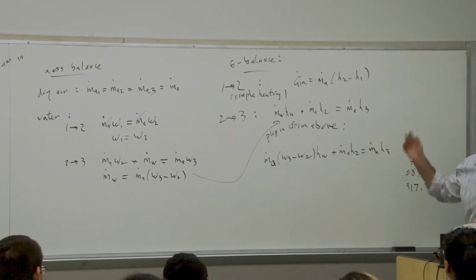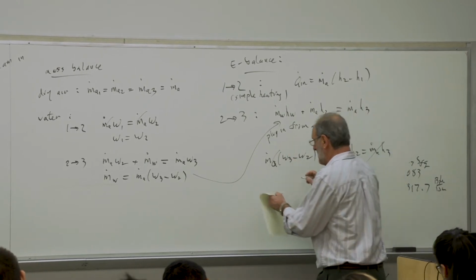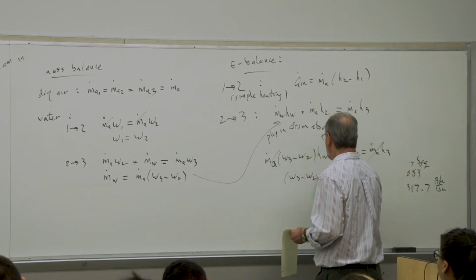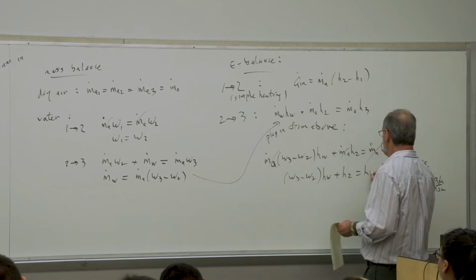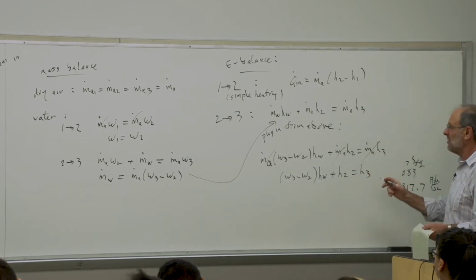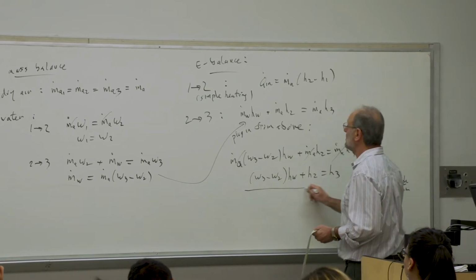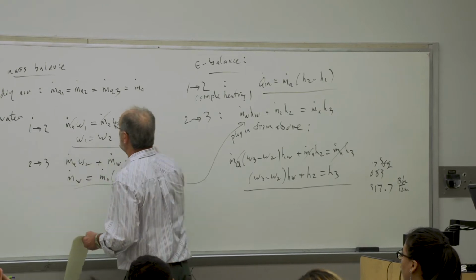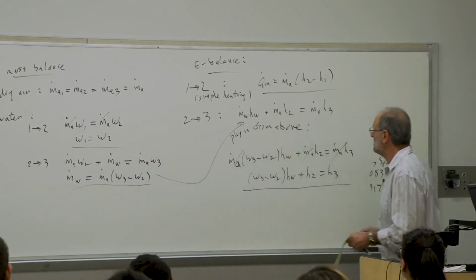You can see that the air mass flow rates cancel. And rewriting this, we would get omega 3 minus omega 2 times H W plus H2 equals H3. So this is the energy balance that we would have. These equations are the equations we're going to use in our analysis.